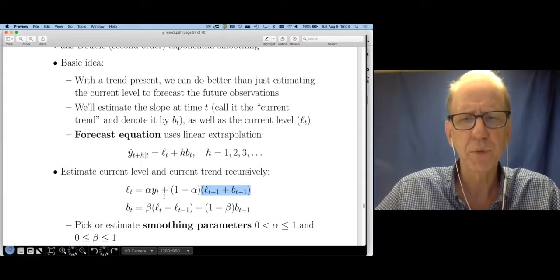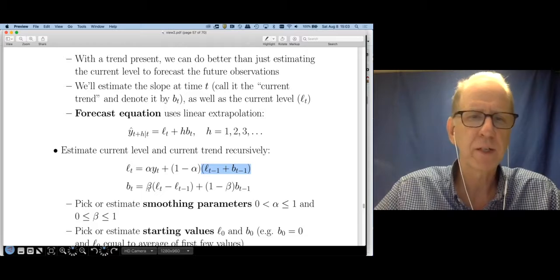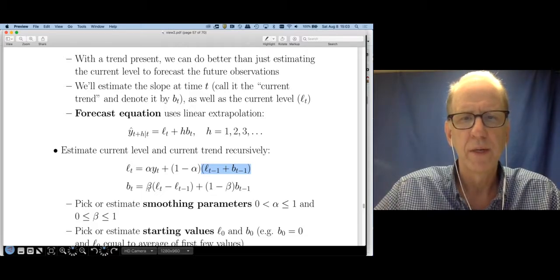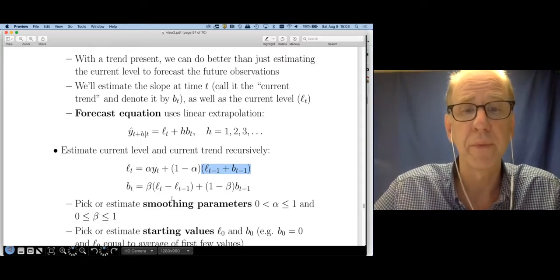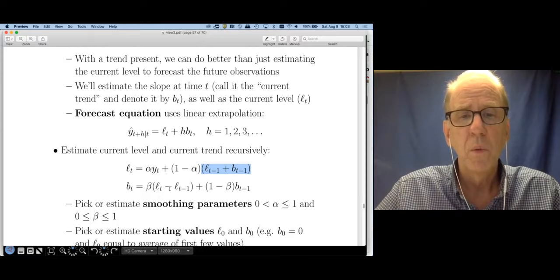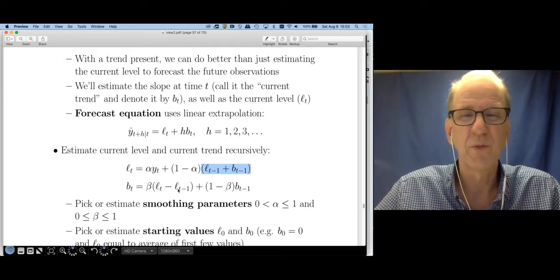We're going to have another smoothing parameter, which I'm going to call beta. The textbook calls it beta star, but I don't see a need for the star, and I think it just confuses things. So I'm just going to call it beta. And so what we're doing is smoothing the differences in the levels. So I like to think of this as like a first derivative.